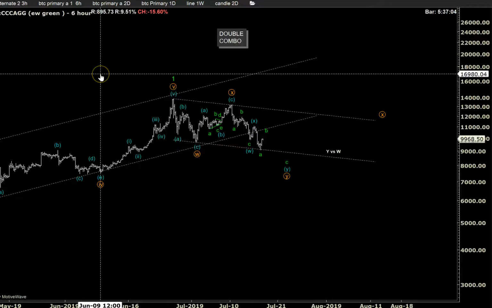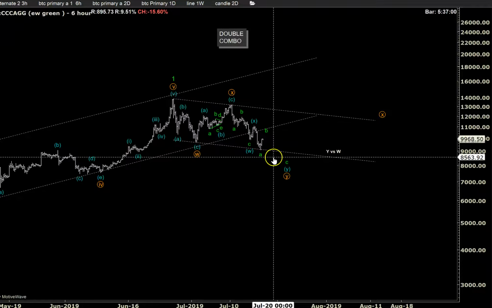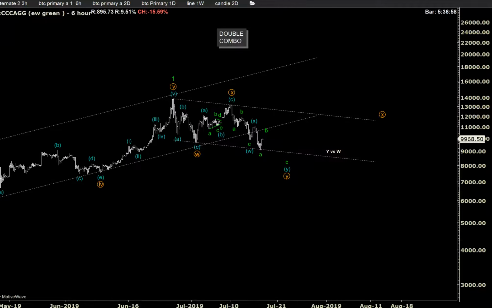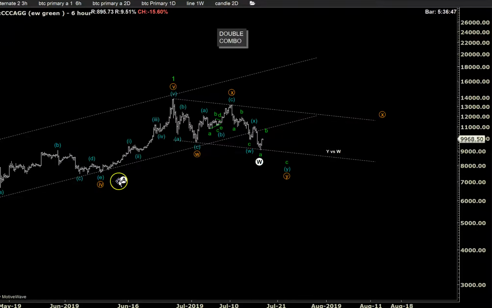Again, this can also be a very simple ABC, which is a flat for a W. I'm going to go to my markers just to repeat it. So it would be something like this. You would have W here. This would be an A, B, and then you would have a C wave here, right?